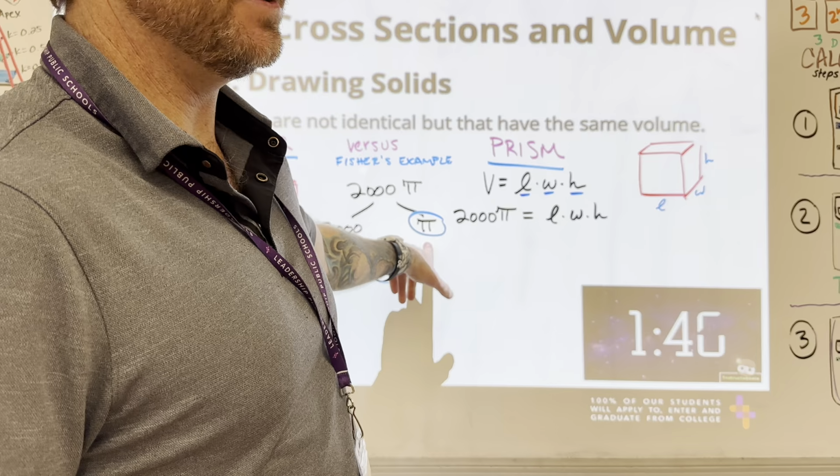Now, you've got to compute the volume. So the volume is pi r squared times height.